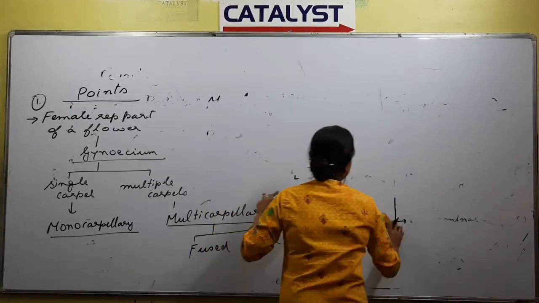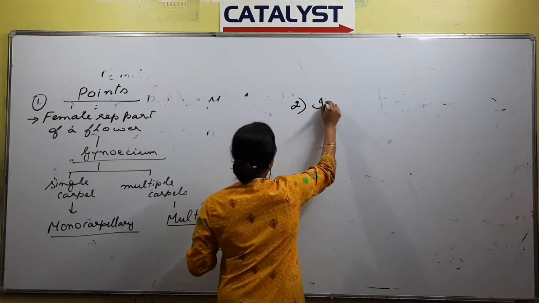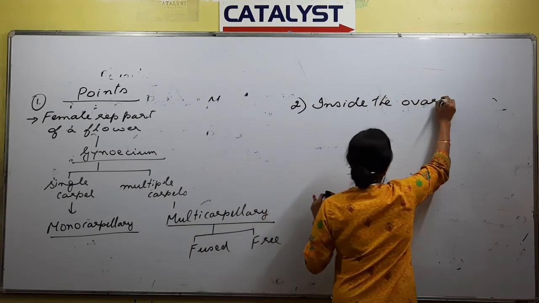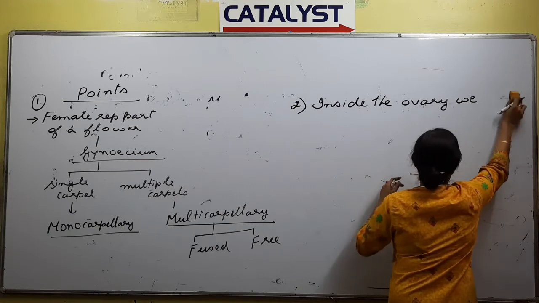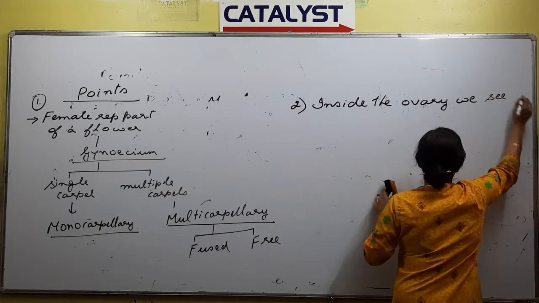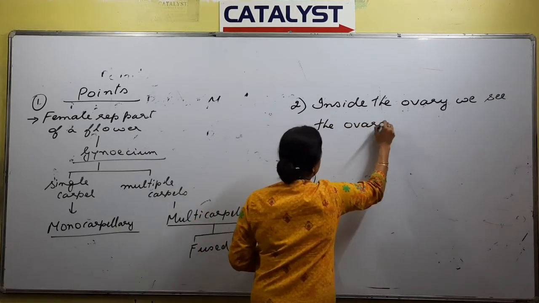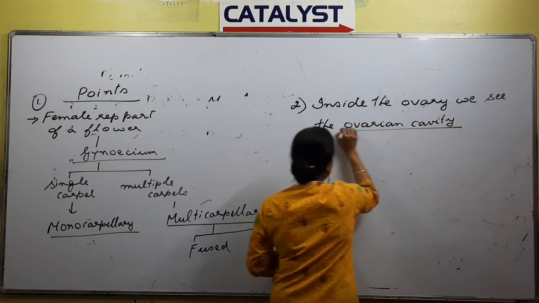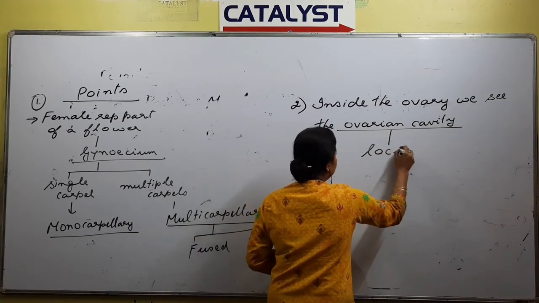The second point is, inside the ovary we see the ovarian cavity. In the ovarian cavity, what we see are locules or chambers.